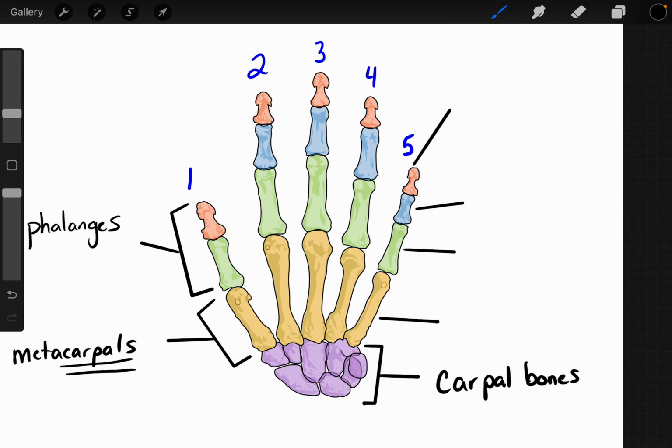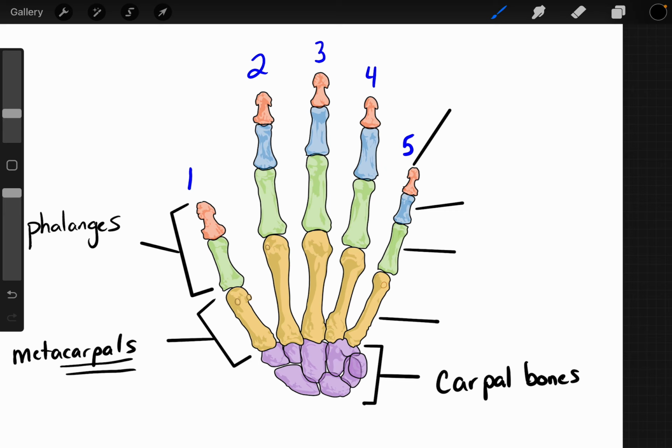The purpose is so if I said the third metacarpal, somebody would know what I was talking about. If I just say metacarpal, it could be either hand, it could be any of the 5. So we have to be a little bit more specific. On this right side, we're going to label the 5th of everything. It's the 5th because it's the pinky finger, but pay specific attention to that as we start discussing it in class or having a conversation about the bones.